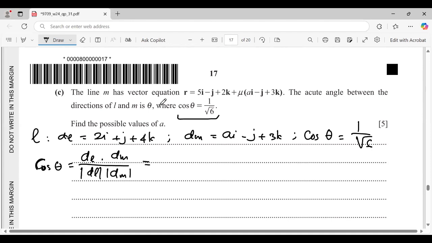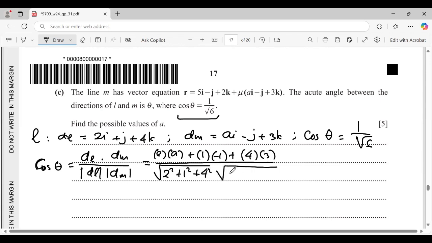When we compute, it becomes 2 times a, 1 times minus 1, 4 times 3, over square root of 2 squared, 1 squared, 4 squared, times square root of a squared, minus 1 squared, 3 squared.